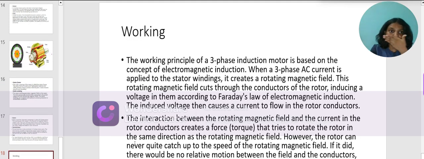And working of the three phase induction motor, we supply three phase AC supply. We supply three phase to the stator winding, and a rotating magnetic field is established around the stator. Here the windings are displaced 120 degrees to each other.